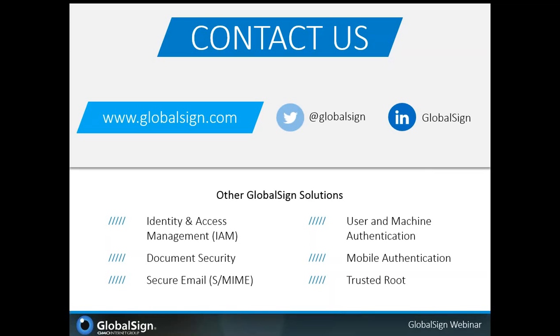Mm-hmm. Let's see, someone is asking, would this be a good alternative for my .local domains? Yes, definitely. It's due to new CA/Browser Forum regulations. Public CAs are going to be no longer allowed to issue .local or .internal domains as of November of this year.